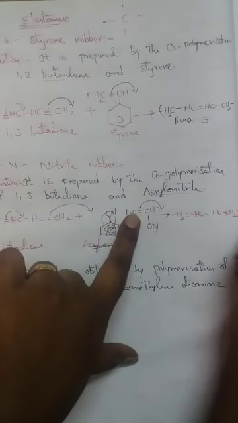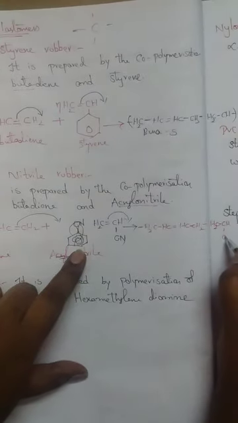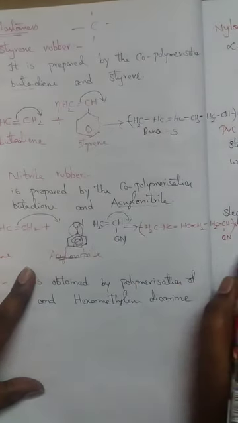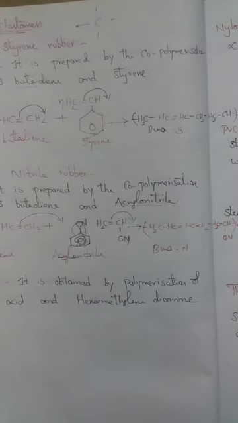The remaining is H2C, single bond CH, bond CN, and in the last n. This total structure is called Buna-N rubber. Okay, this is called Buna-N.